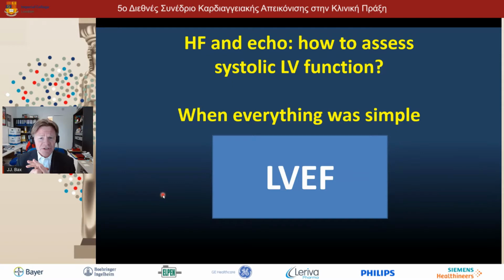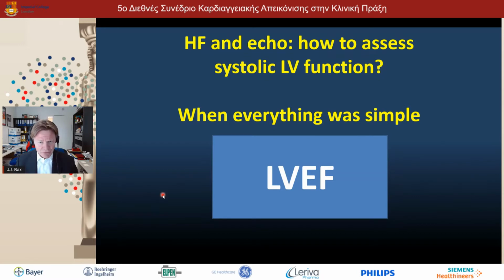How do we assess systolic LV function? Well, that we do with ejection fraction. And everybody knows the ejection fraction value. And I think it is important to realize that it's a good parameter, but when you are in certain circumstances, it doesn't fit altogether.